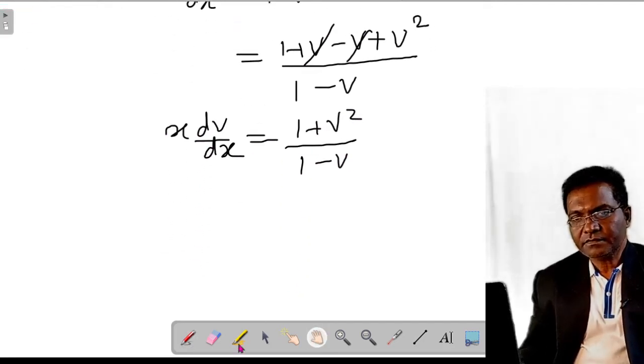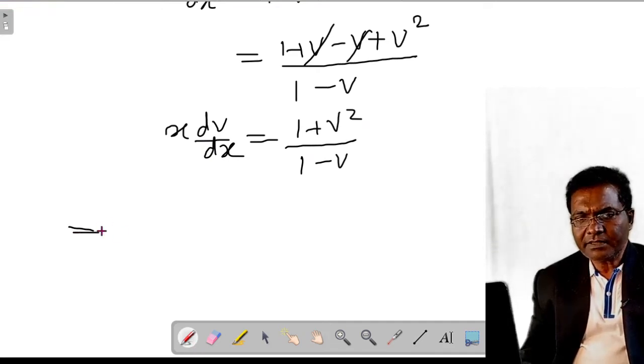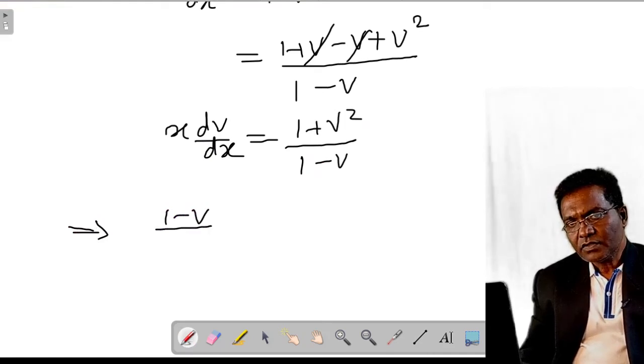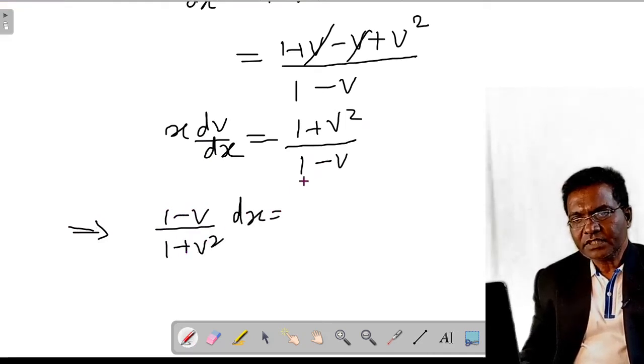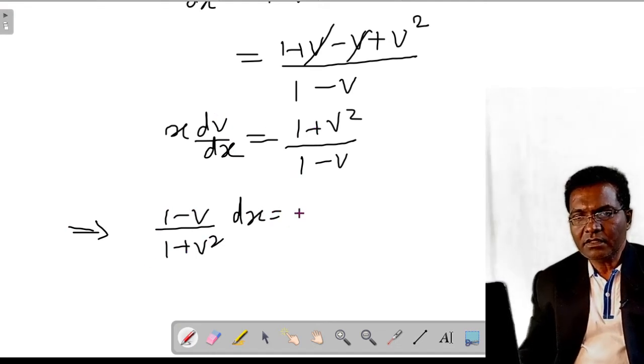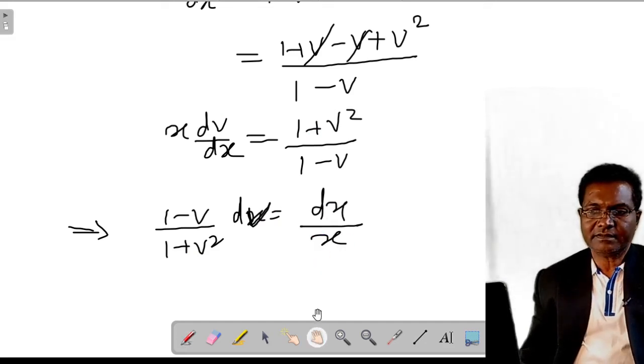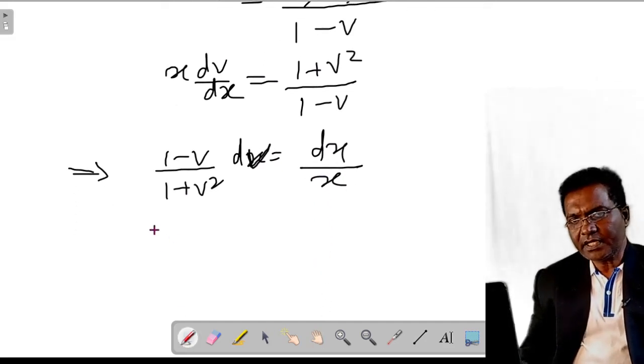Okay. Now we need to separate the variables. So I can write (1 minus v) by (1 plus v square) dv. I will bring this side and this down, dv. On the other side, dx by x. Integrate.